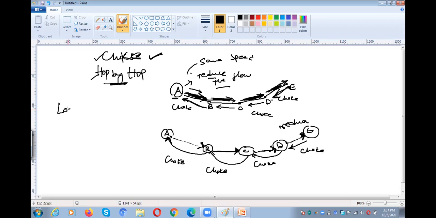Okay, and the next one is load shedding. What is load shedding? Each and every router maintains a buffer, right? Whenever there is an incoming packet, the router has to take the incoming packet and forward it to the next router in order to reach the destination, via the outgoing line.